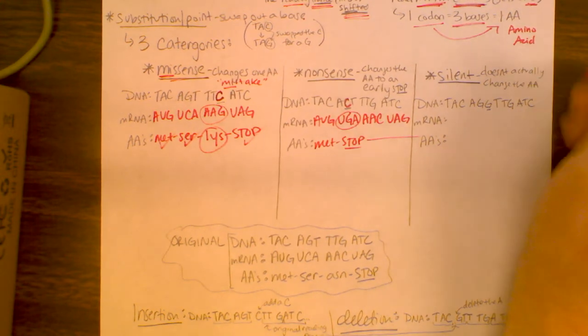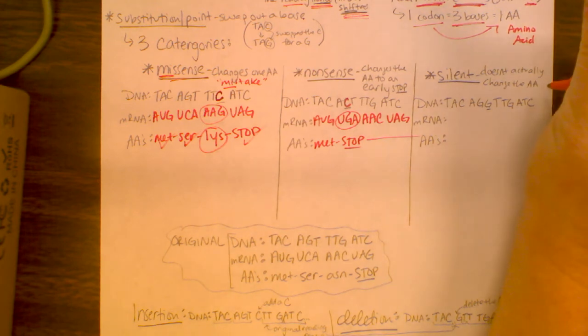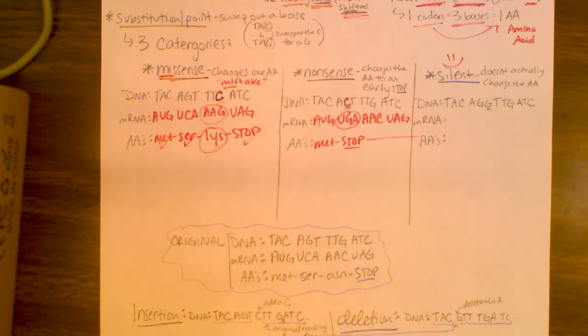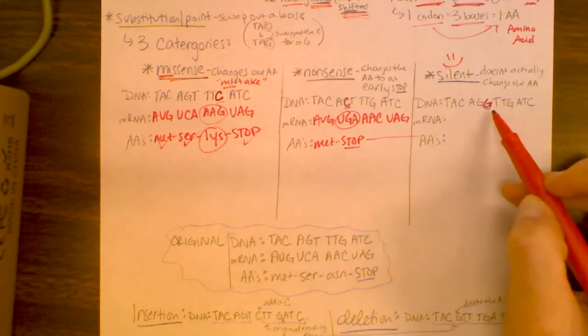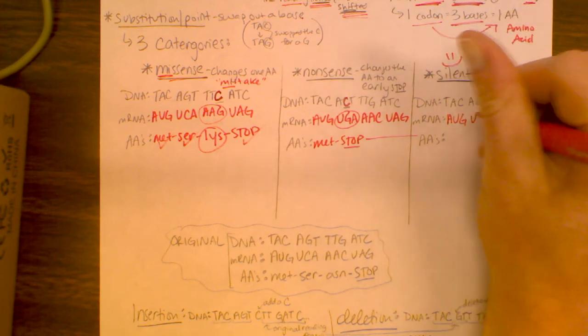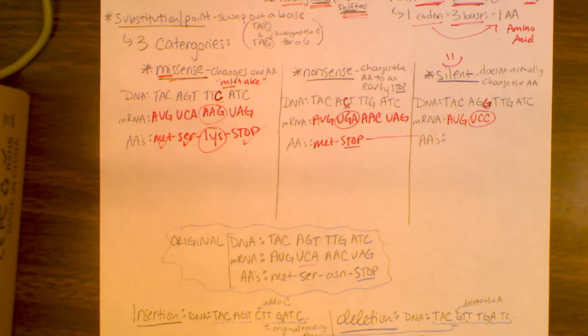And then the silent is where you're changing the codon, but it doesn't actually change the amino acid. This is good. We like this kind. Because let's say we change that AGT to AGG. So our codon is still different. So UCC is still different than UCA.